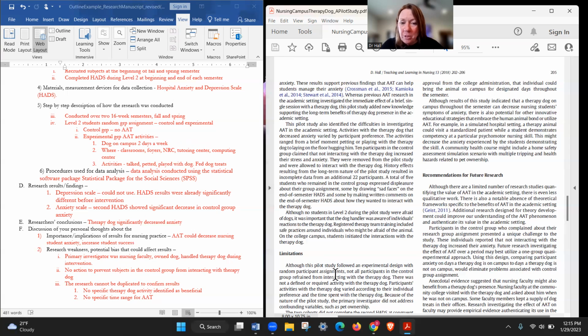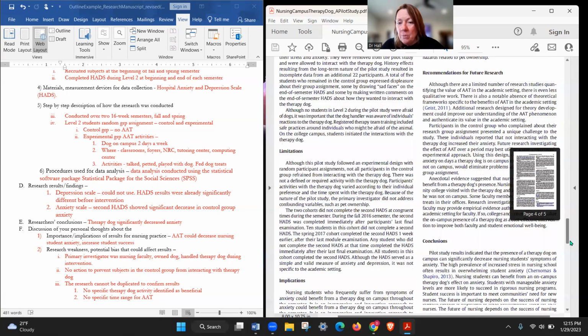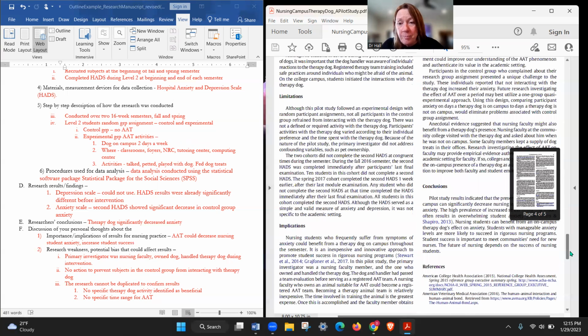So there's your scoop, the easy piece of it. Remember, this isn't a paper. This is just an outline for you to know what to say while you're talking about your study when we talk in groups. And I hope you enjoy it as much as I enjoy research.